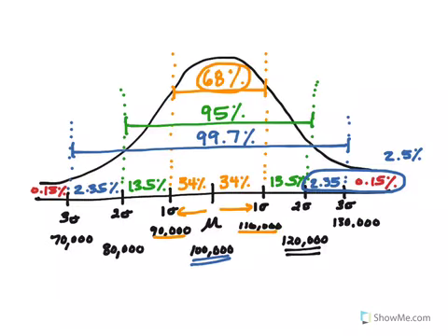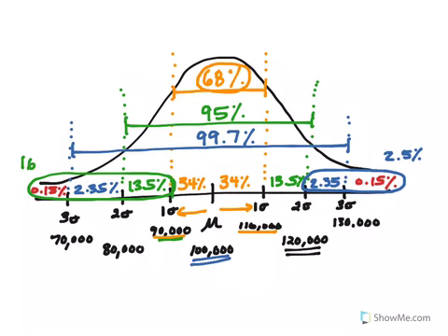So come back and look at 90,000. So now we're interested in everything below 90,000. That's here. So below this is going to be all of this percentage. So 13.5 plus 2.35 plus 0.15 is going to be 2.5 plus the 13.5, or 16%.